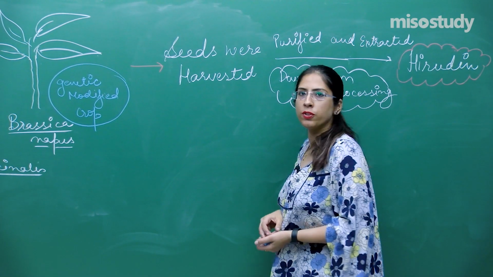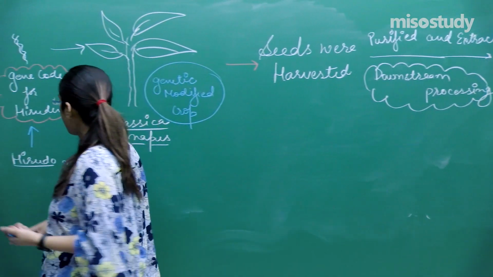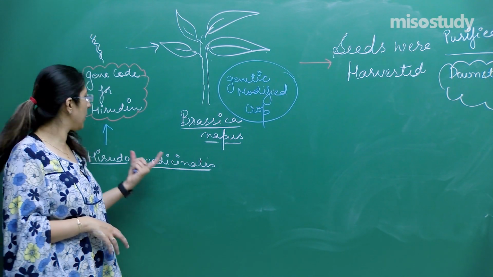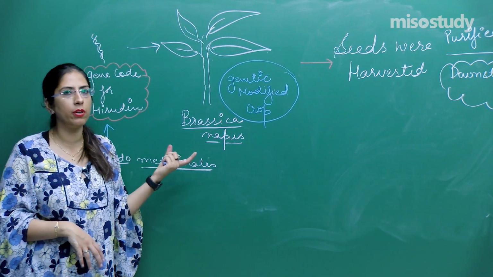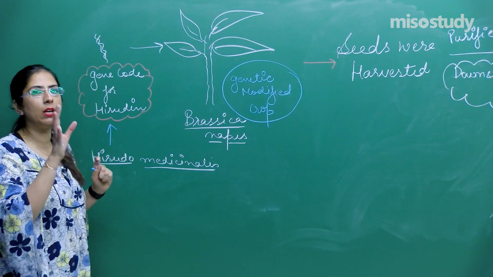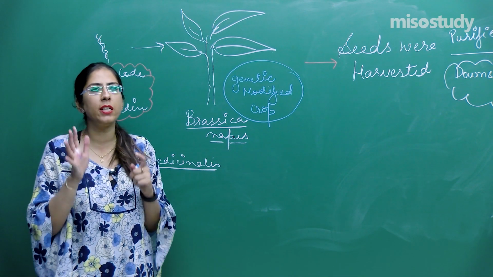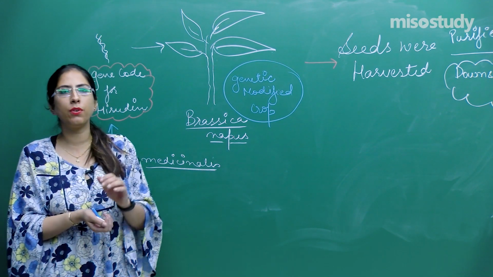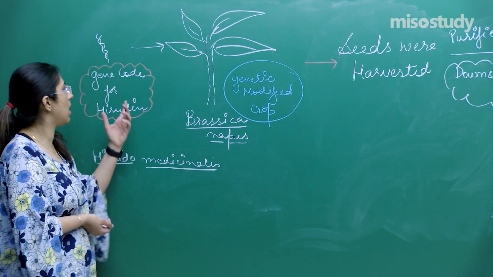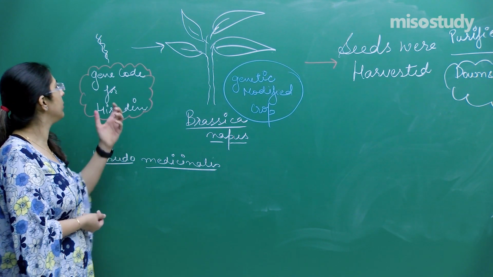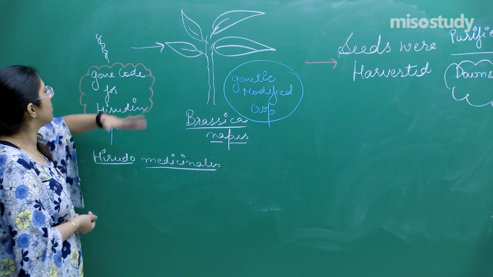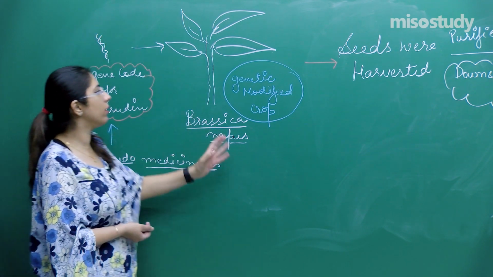Right? So students, come at this side again. What was the case? We were using one leech, and leech is rich in one chemical which is called hirudin, and that is an anticoagulant or anti-clotting agent. We have taken out the gene for that, and we have used recombinant DNA technology. Now students, I don't think I need to tell you all those things, the use of restriction enzymes, the use of the vector. I'm pretty sure that you all know about these vectors and restriction endonucleases and various processes such as PCR and the gel method, and later on this gene was inserted into the Brassica napus.